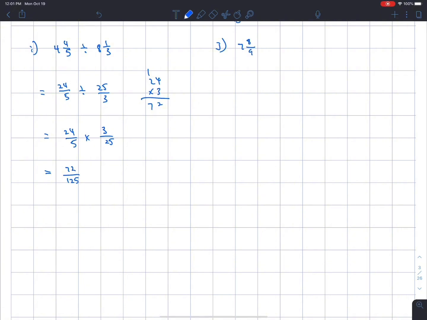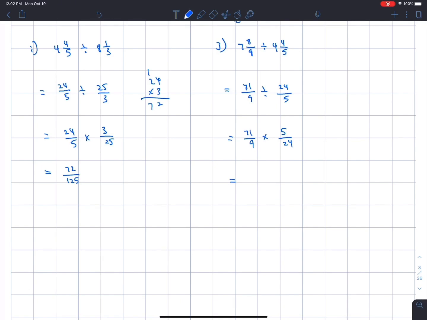And J. 7 and 8 over 9 divided by 4 and 4 over 5. 9 times 7 is 63. 63 plus 8 is 71. 5 times 4 is 20, plus 4 is 24. So we just flip it over, change it to times.